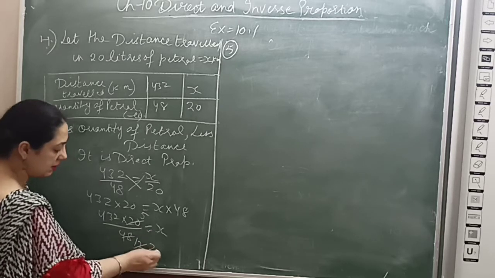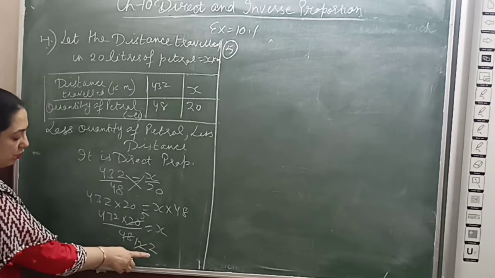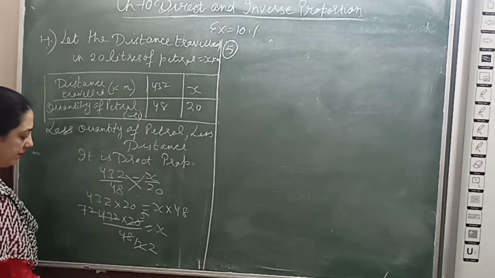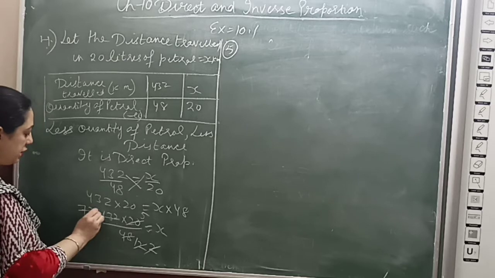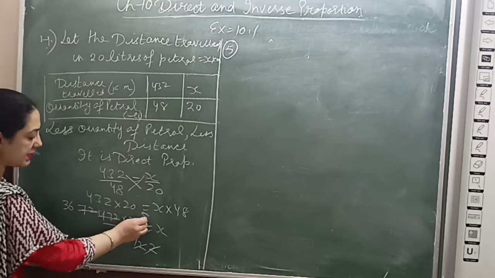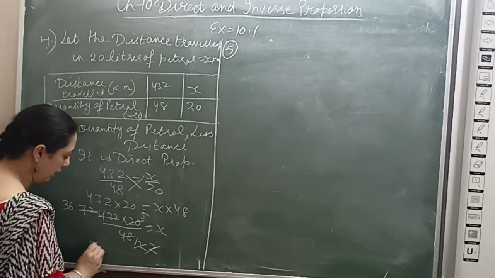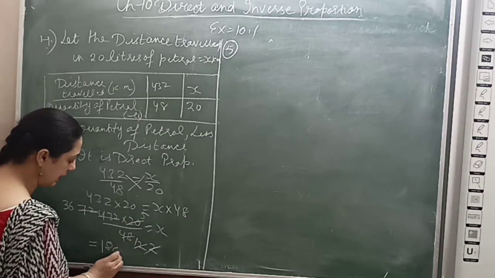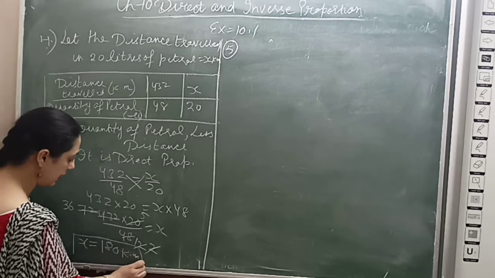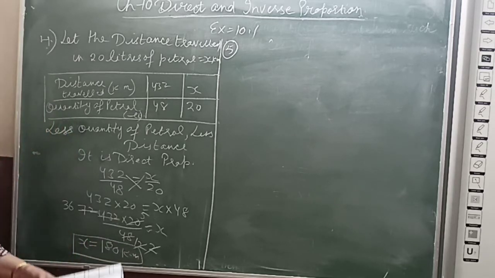Again I will do the cutting in the table of 2: 6 2s are 12, 6 72s are 432. Again 2 divides 72 in the table of 36: 2 36s are 72. Now 36 multiplied by 5, we will get 180. So the distance traveled is 180 km.